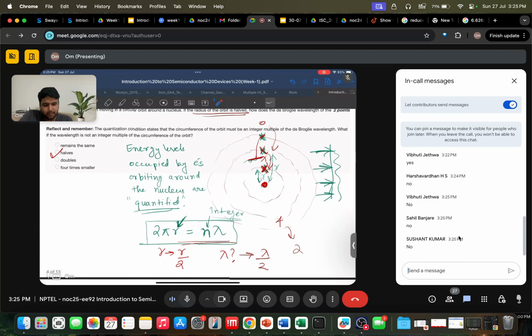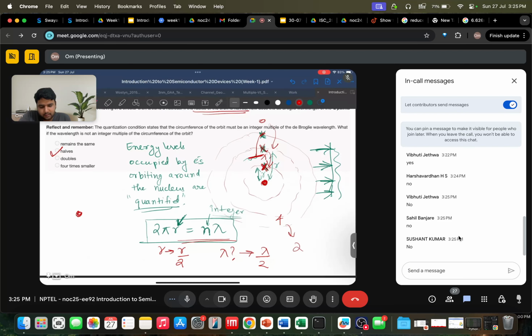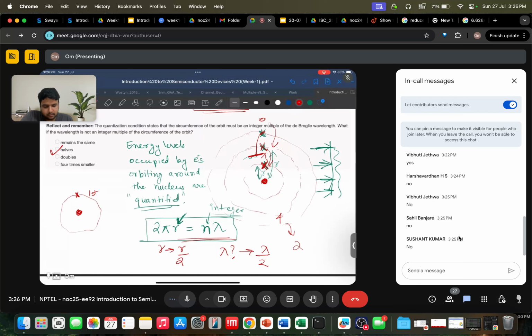Okay, so maybe let's take a hypothetical case. Let's say this is the nucleus and the electron is in the first orbit, right? So this is just R. Now, what you want to do is change this R to, let's say, R by 2.